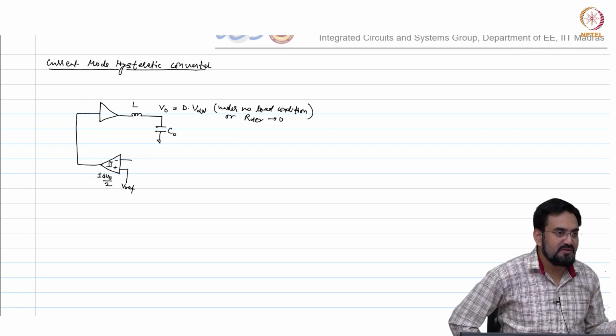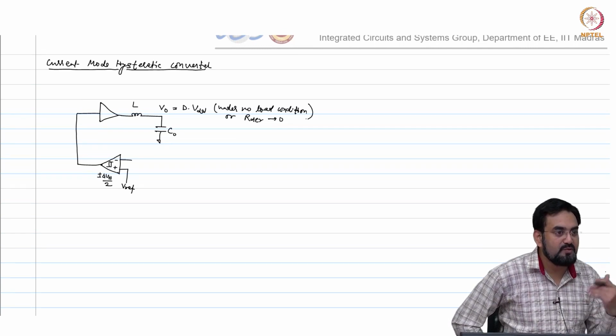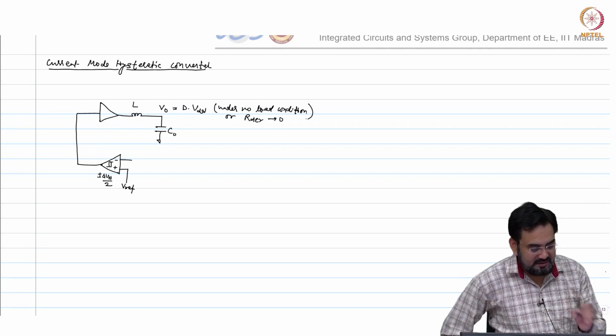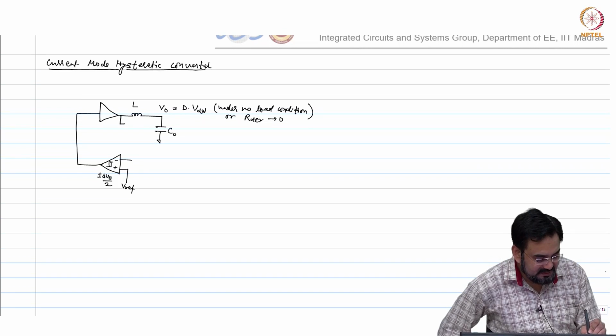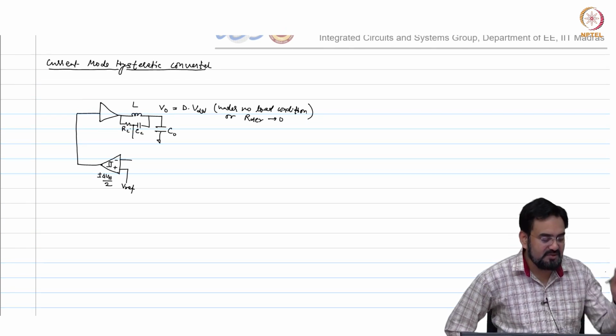So, we want to build the same thing, replicate it, and we are looking for voltage, not the current, in the feedback. So, what if I do this? Let us say this is RC, CC. Let us say the RC time constant is very large.